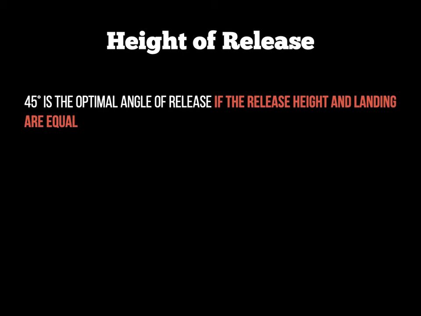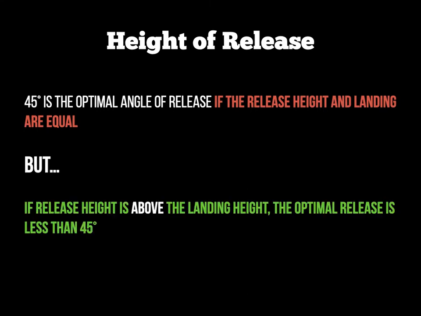So there are rules with release heights and landing heights. If the release height, so the height at which you release the projectile to throw it, is above the landing height, the optimal release is therefore less than 45 degrees.